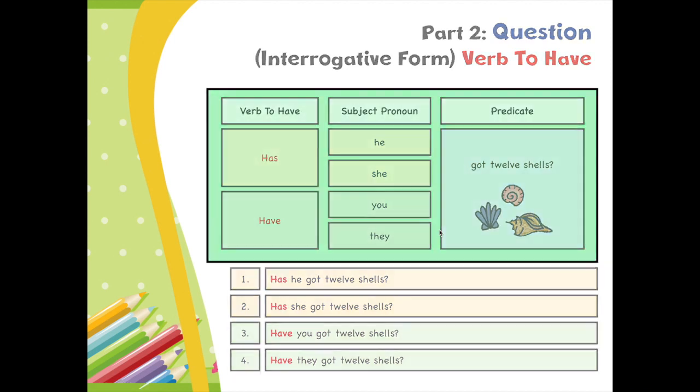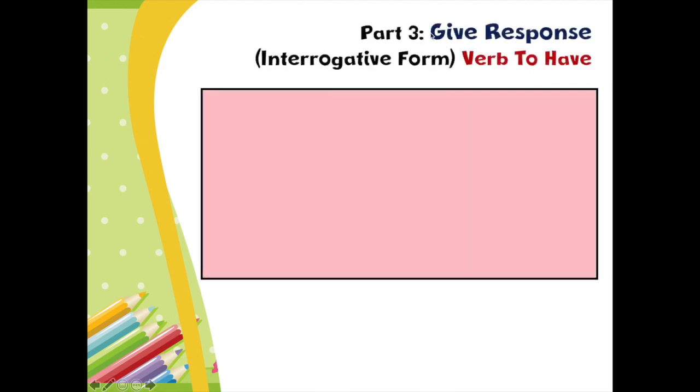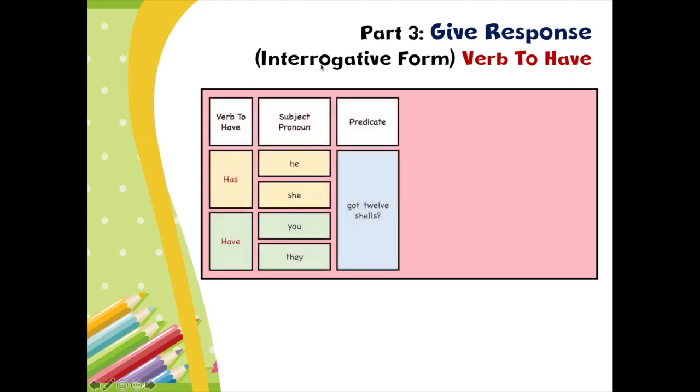And the last part of the lesson is part 3. Here I'm going to teach you how to give a response using the interrogative form of the verb to have. In the previous slide, we learned how to question. Now I'm going to tell you how to give a response. So, like just now, has he got 12 shells?